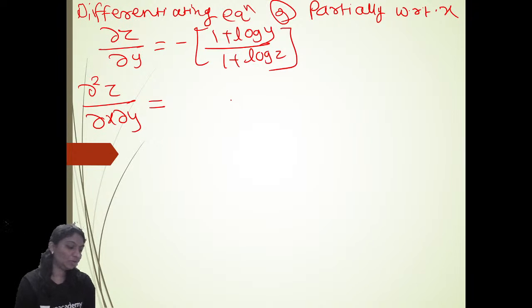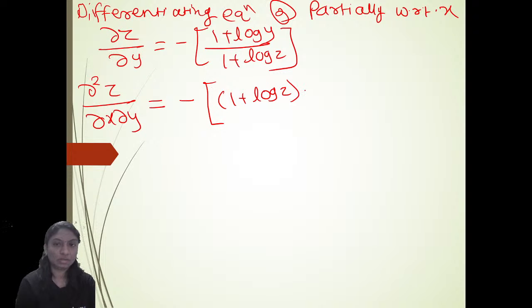here apply the u upon v rule. So you will get minus, outside sign, v into du, 1 plus log z into derivative of 1 plus log y.